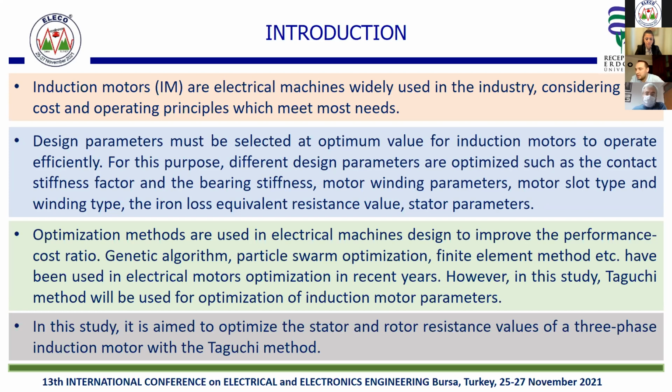These parameters are utilization factor, magnetic flux density in the air gap, and flux density shape factor depending on the magnetic saturation of the teeth, and pole spacing. These parameters are analyzed using the Taguchi method, and optimum stator and rotor resistance values are determined. Second, ANOVA analysis is performed to determine the effect of each control parameter.